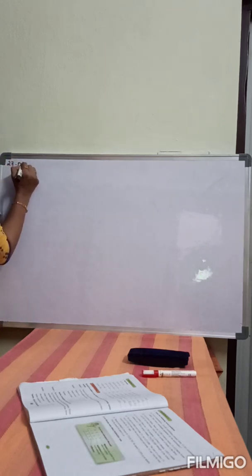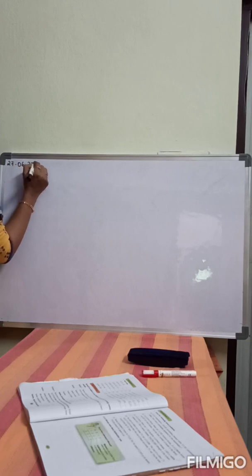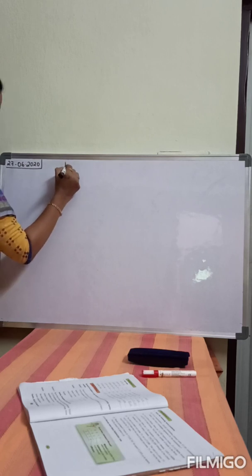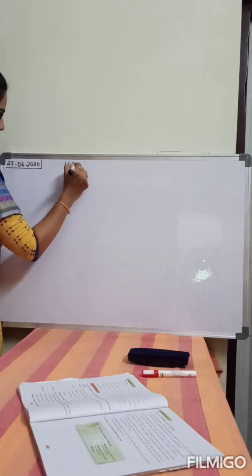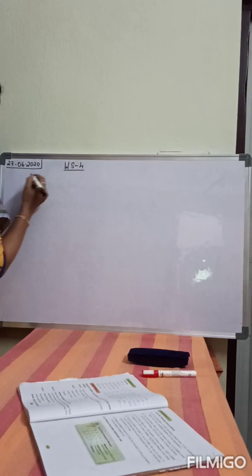What is the first given information? In an examination, 29,456 candidates passed. So first we will learn how to write the statements properly. This is worksheet number 4.